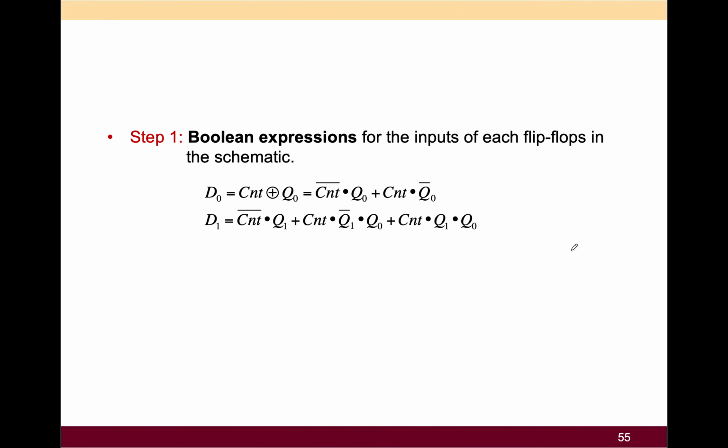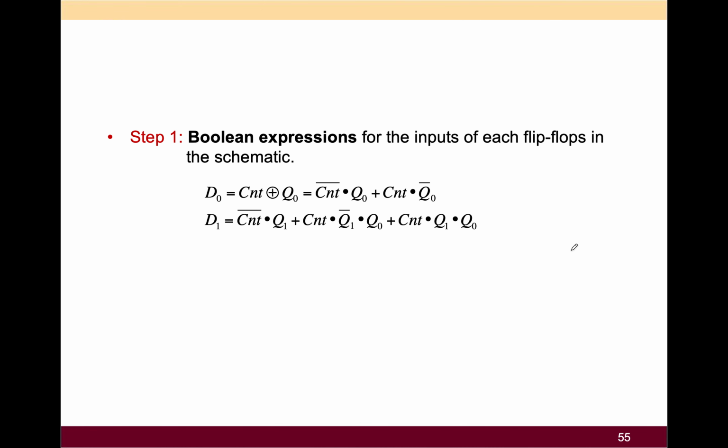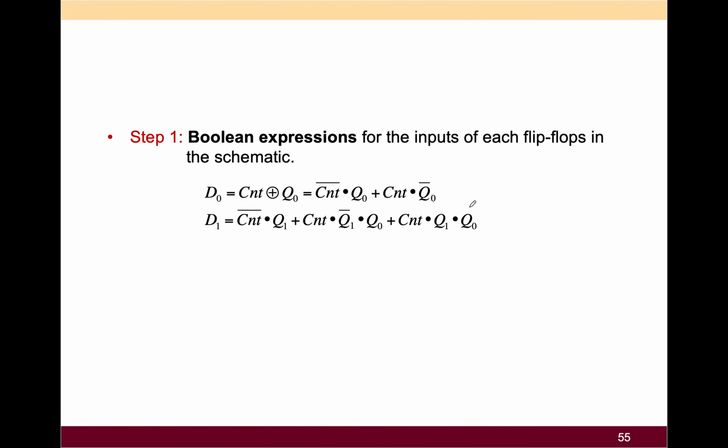First step, you need to come out with the Boolean expression for the input of each flip-flop. So you need to look at each flip-flop. This is flip-flop 1, this is flip-flop 2. What is the equation for both?